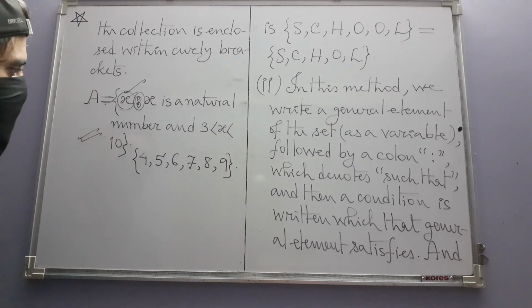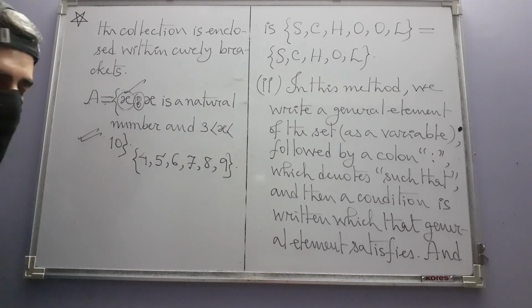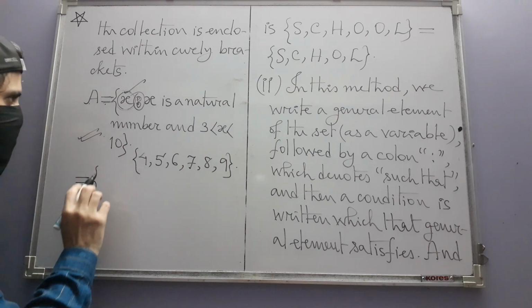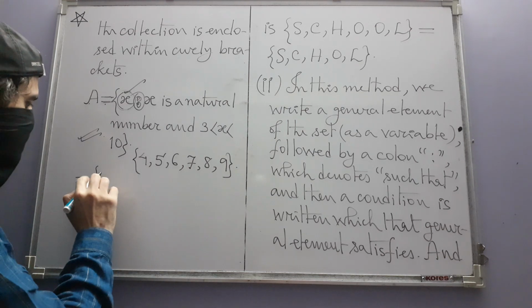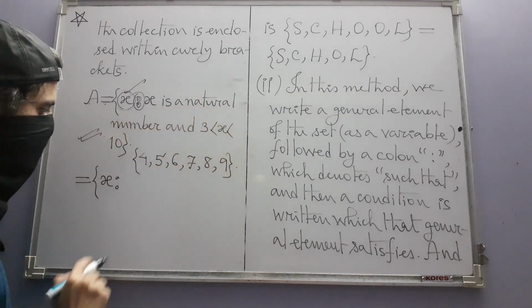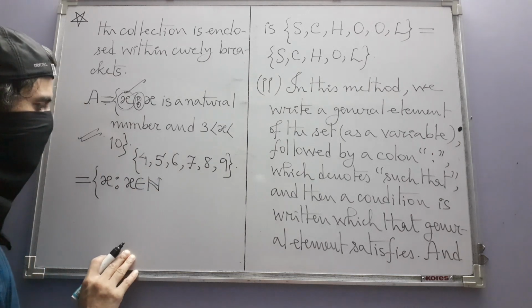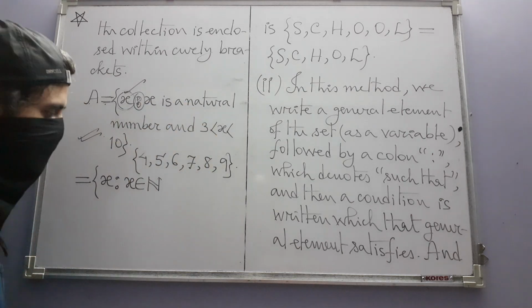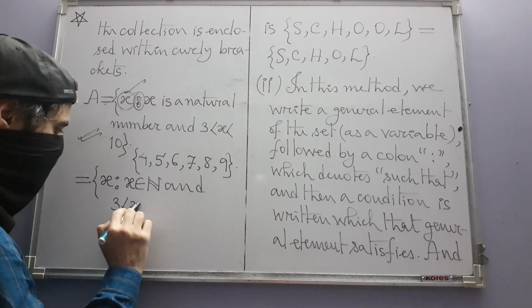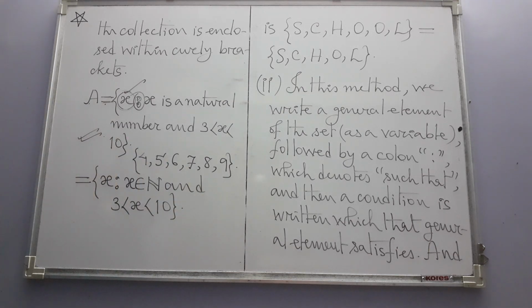Okay, now there are many different ways of writing this particular set. You can change the style of writing. You can make it even more condensed like this. Instead of writing x is a natural number, you can write this so that you do not have to write that sentence, and this is briefer, more convenient.